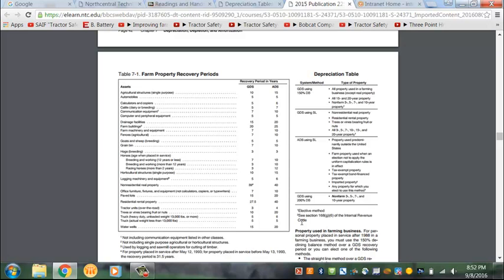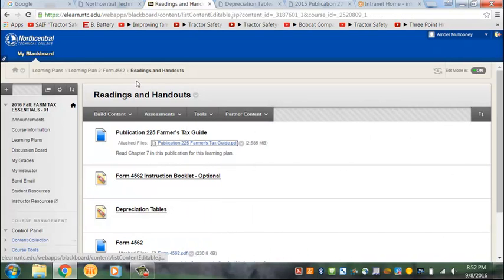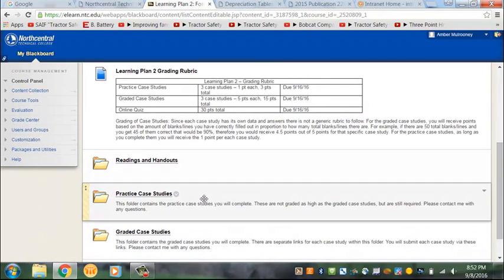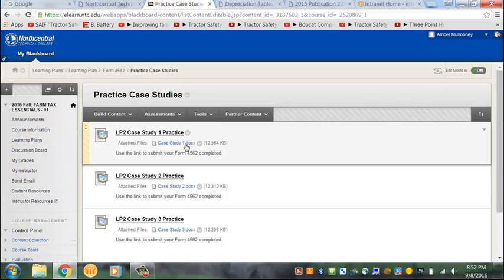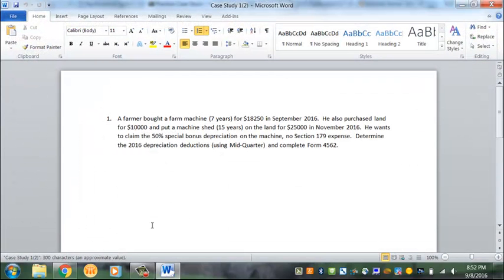Other businesses are not. So in all of the case studies, if we open one of them up, I'm going to tell you what the useful life is, when they were placed in service, and what amount, therefore you're not going to have to figure any of that out.